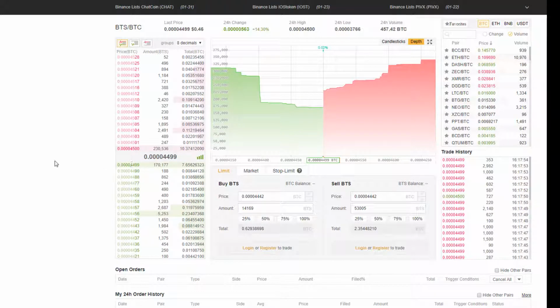There's a battle going on right now. You don't want to get in right now, okay? Unless you're trading at that level and you feel like you can sway it one way or the other, you do not want to get in right now. You need to know where you're at in the food chain. Right now in the food chain, I'm not quite there, and I don't want to be there in this chart.